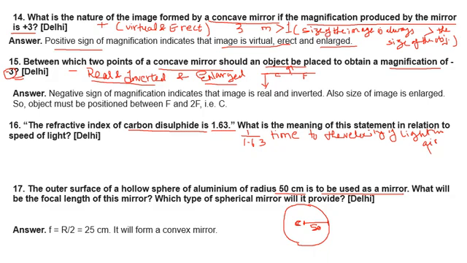What will be the focal length? We know that focal length is the distance between the focus and the pole.